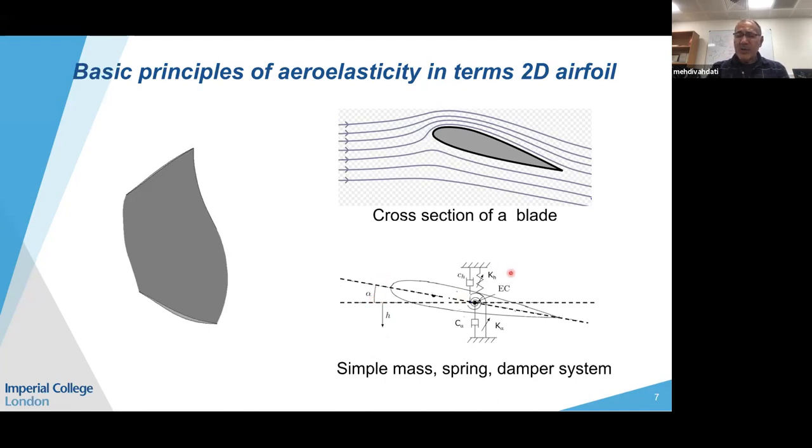It is modeled by assigning a spring plunging stiffness and pitching stiffness with the corresponding dampers. So this is the model I'm going to use to explain the basic aeroelastic phenomena.